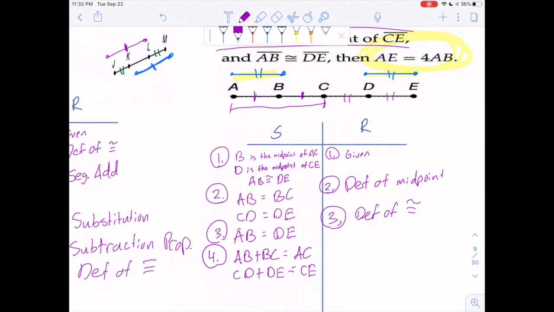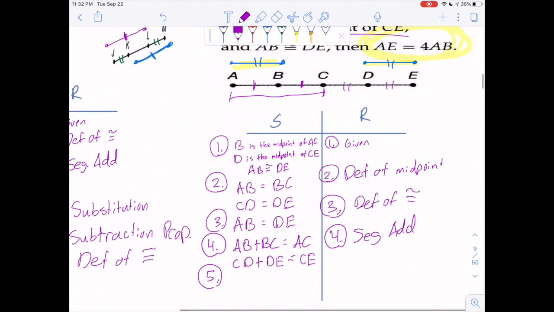So that would be segment addition for those two halves. That's segment addition. I'm gonna do one more segment addition here. This is gonna be the two chunks. This is gonna be AC plus CE equals AE. Do we see that?